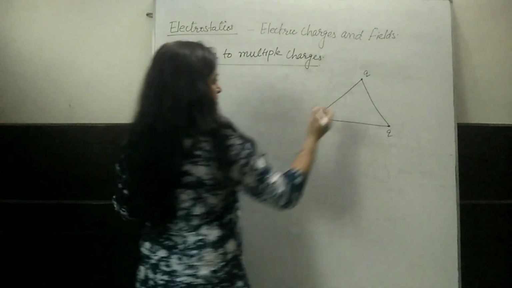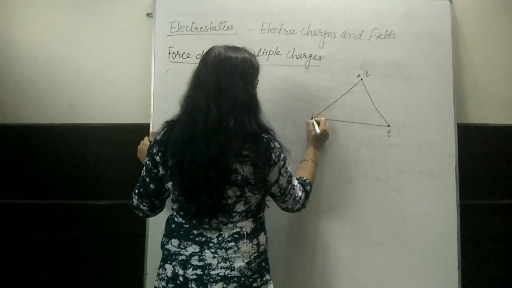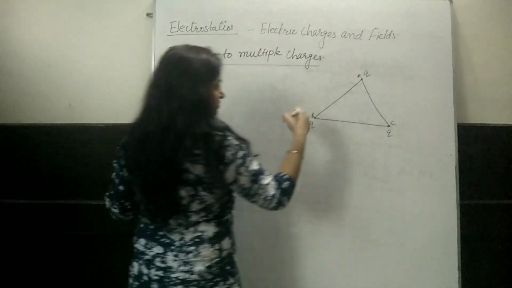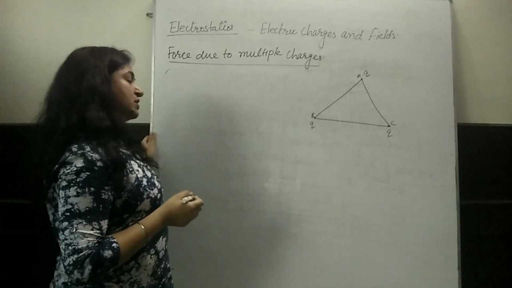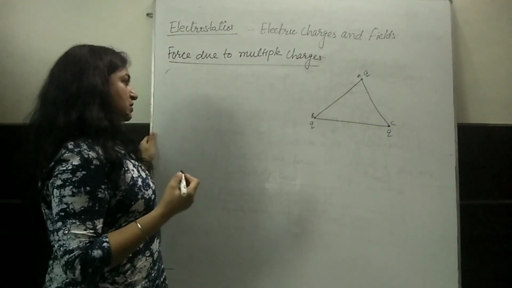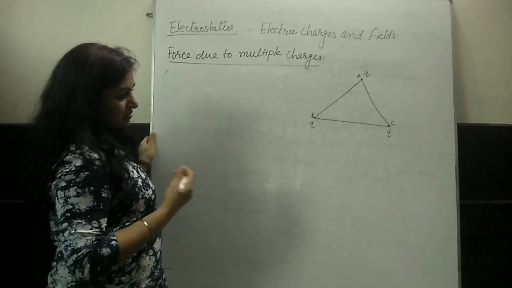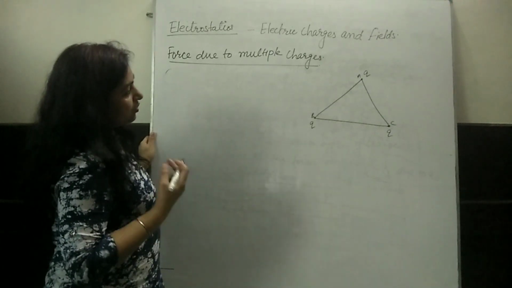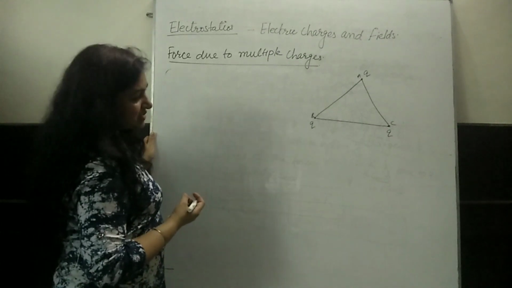Suppose this point is A, this point is B, this point is C. ABC is an equilateral triangle, and the 3 charges are equal in magnitude as well as sign. So all 3 charges equal to Q are placed at the 3 vertices.